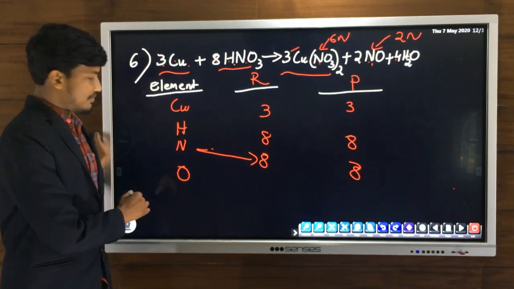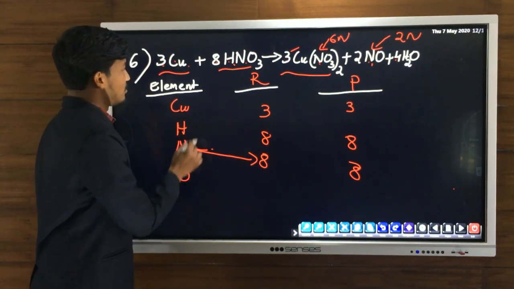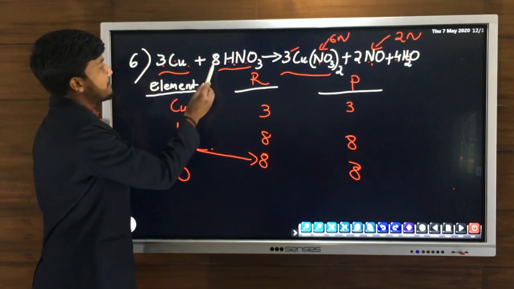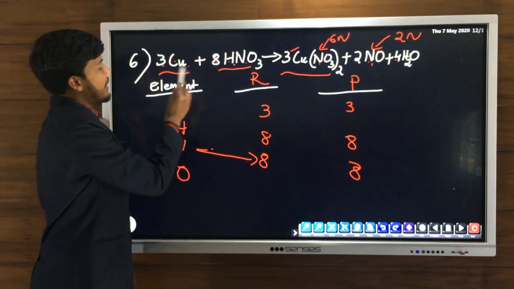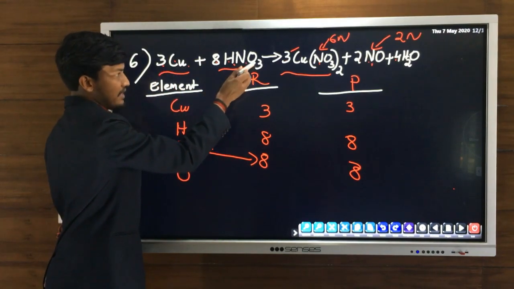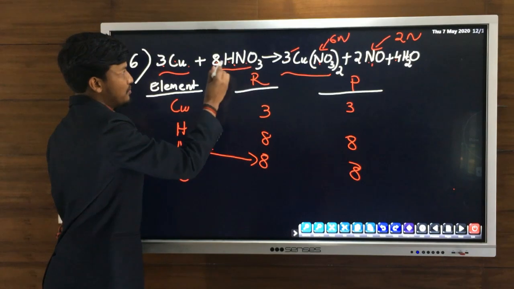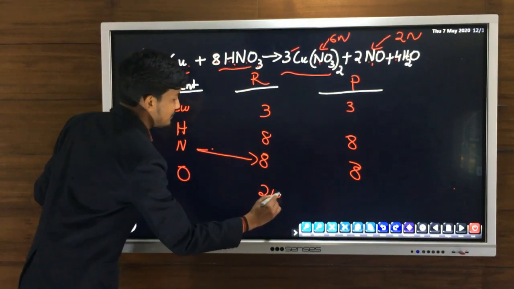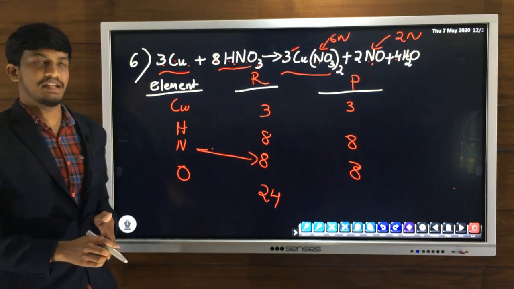Now, the last final one, oxygen. We can count oxygen from the left side. There is no oxygen in the first reactant. Oxygen is in the second reactant, HNO3. So 8 into 3. 8 3s are 24. 24 oxygen atoms on the left side.